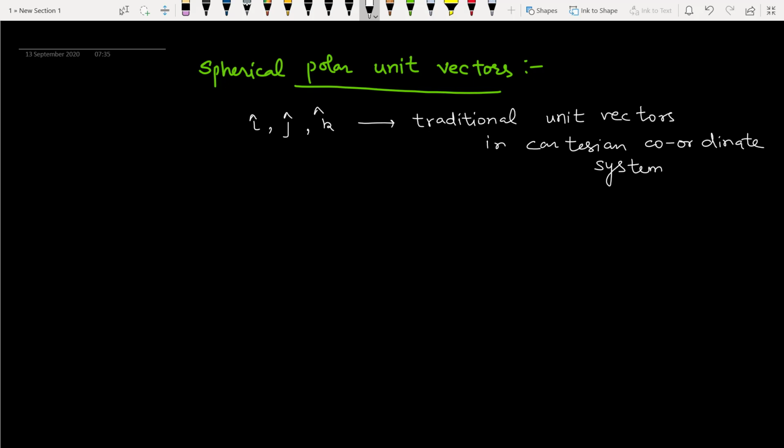Likewise, we have three spherical polar unit vectors, r cap, theta cap, and phi cap, in the spherical polar coordinate system.